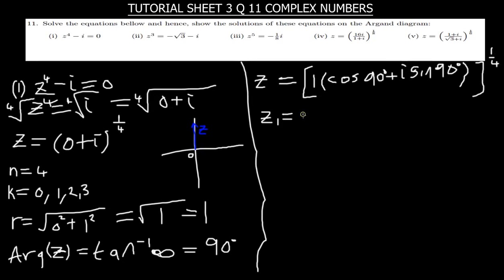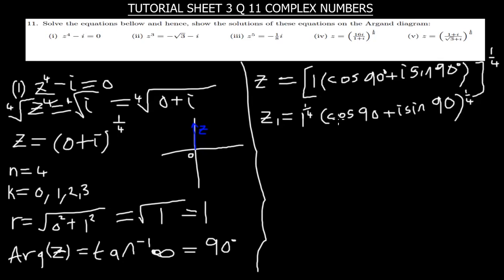Let me just write it for the sake of you knowing what is happening. 1 to the power 1 over 4, then this complex number also raised to the power 1 over 4. So cos 90 plus I sin 90 to the power 1 over 4. So this 1 to the power 1 over 4, you still get 1, and 1 times everything there, you get the same things again.